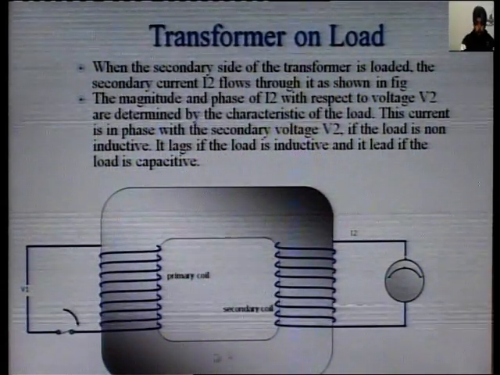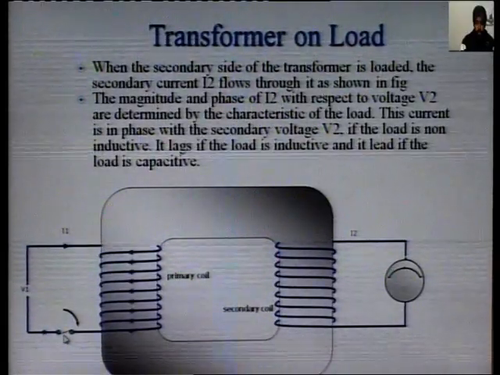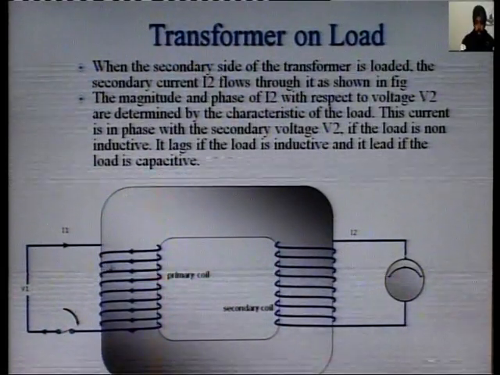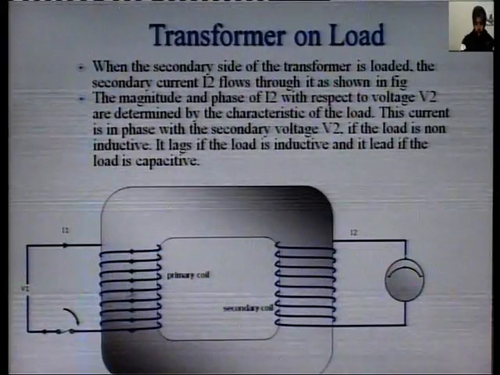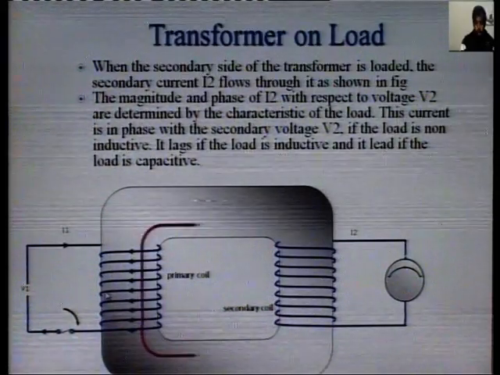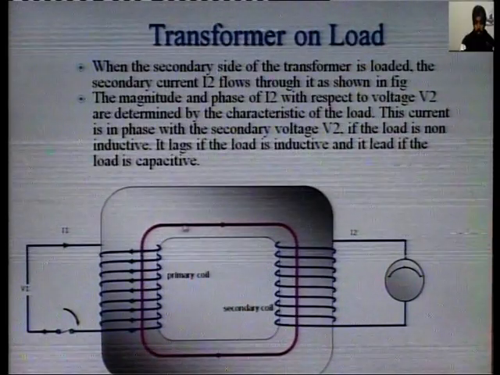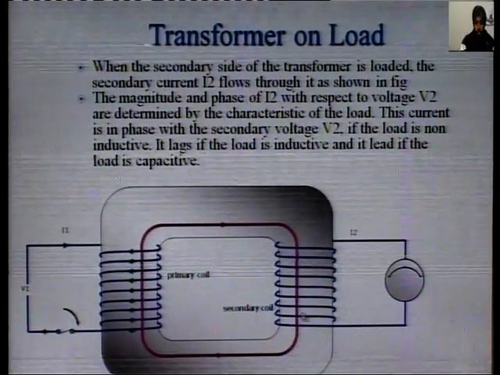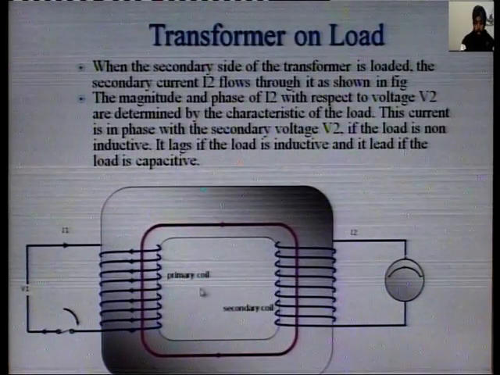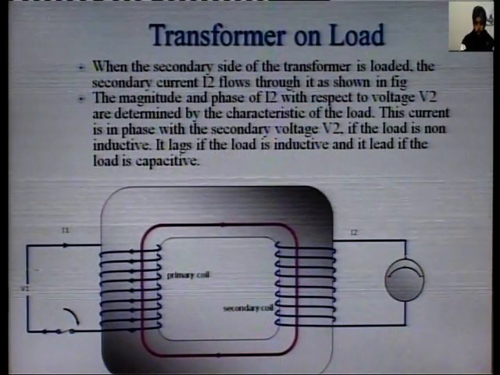So if we close the switch, first primary current flows in the primary coil, and it will produce the flux phi naught, and this flux links with the primary as well as the secondary side through the core.